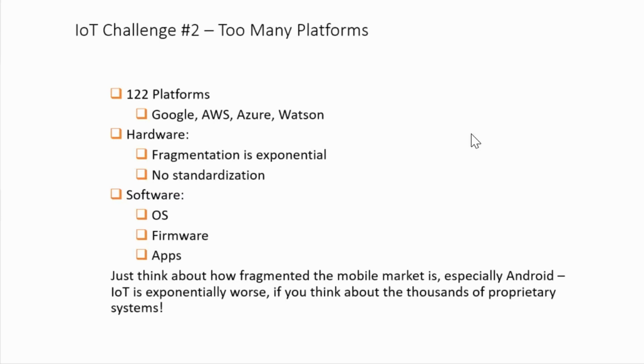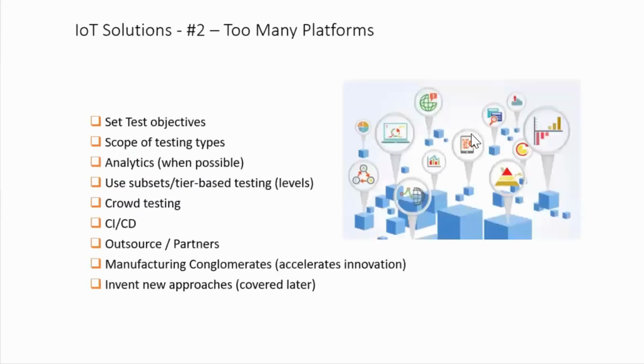Makes it really tough. And it will give you a headache if you think about it and try to sit down and approach this. So one of the key things that I like to do, when we're talking about this, is first set your test objectives. What is it that we're trying to accomplish here? Is security number 1? Is wireless communication number 1?